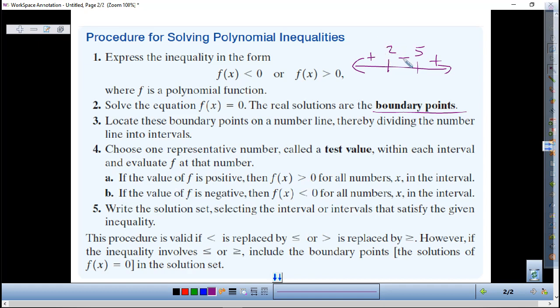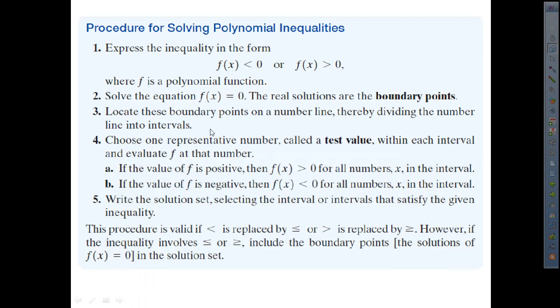Because remember, the boundary points are the only places where it can change value. All right, so that's this part right here. Locate those boundary points on the number line, therefore dividing the number line into intervals.